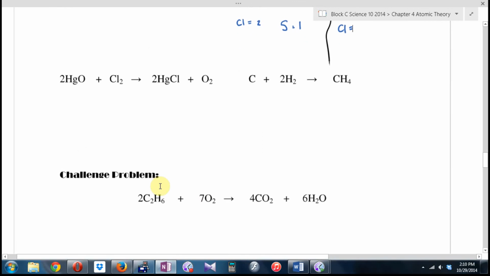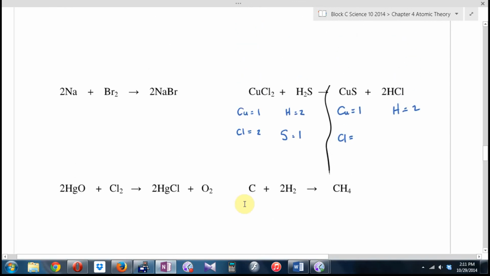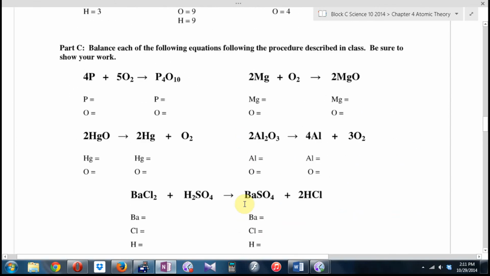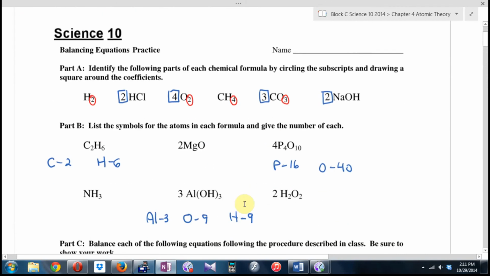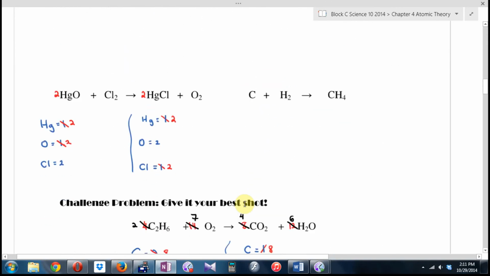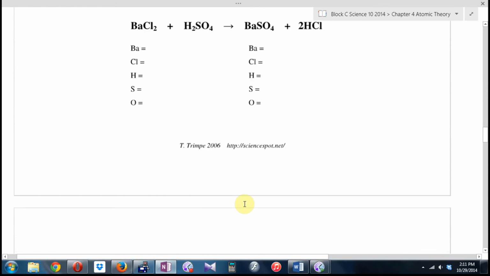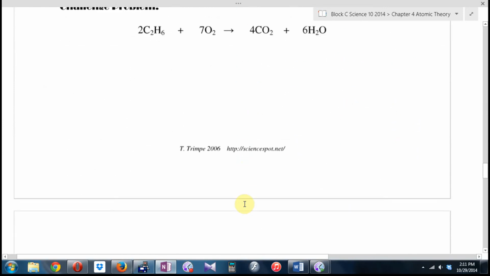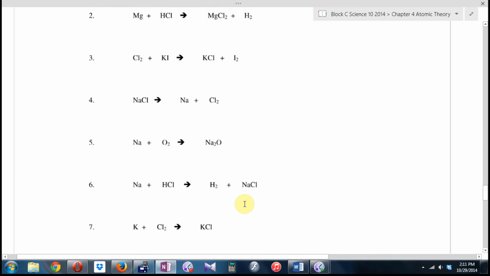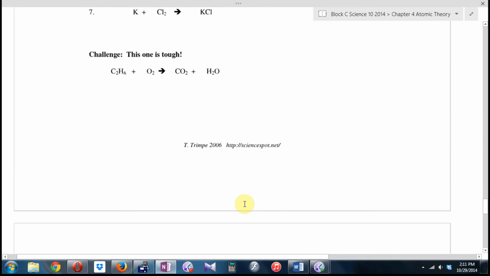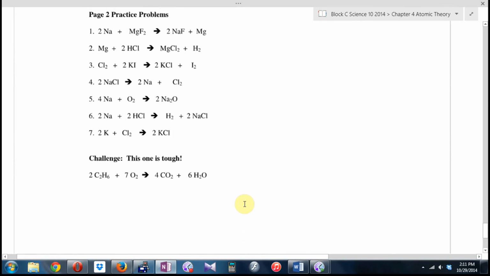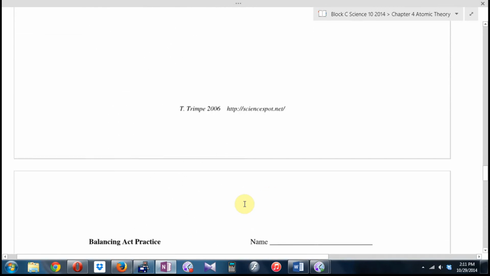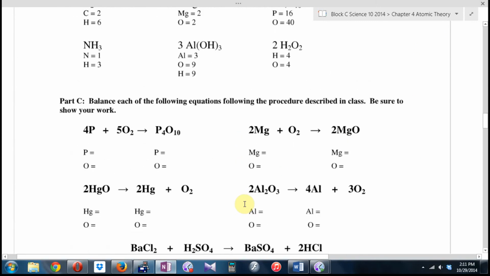Yeah, well, but it doesn't have a two. There's two part Ds? Well, what I did is I have one sheet that's on the back of this. Did I photocopy the same sheet twice accidentally? Which would be stupid. There's the answer key. And then there's part D, practice problems, challenge problem, balancing act practice. Are these the same thing done over again? Oh, you've mixed up the two answer keys, I think. I might have.